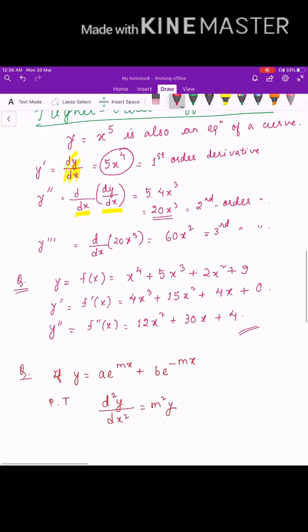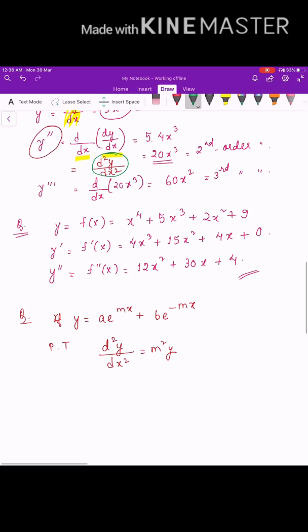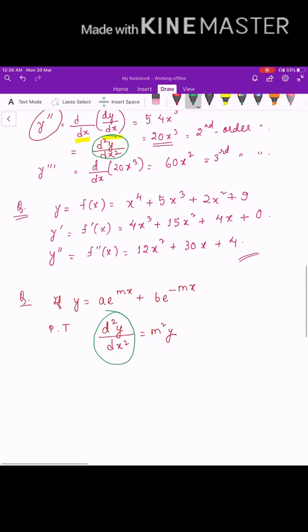Okay, now please note that the second order derivative y double dash can also be written as d2y by dx2. Clear? So it means the second order derivative of y with respect to x should be equal to m square y. So let us try.